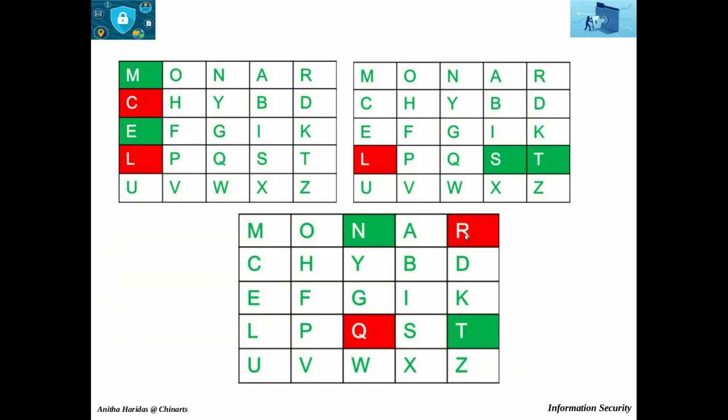So R is the horizontal opposite of N. Q is the horizontal opposite of T, right? In the intersection, N and T will be taken here, and here N and T intersection will be taken, which will give you the character to be replaced for the ciphertext.